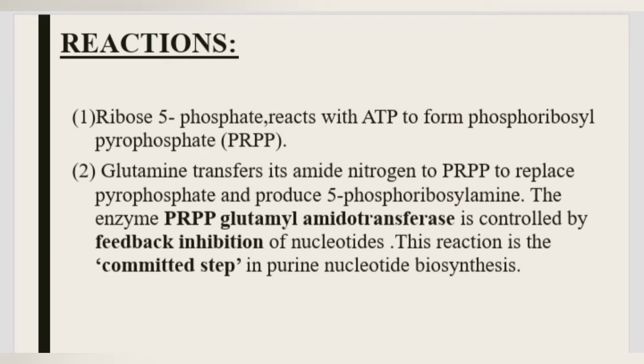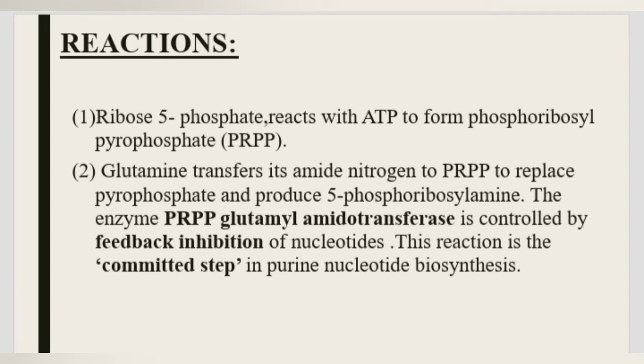The first step is that ribose 5-phosphate reacts with ATP, resulting in the formation of PRPP, which is phosphoribosyl pyrophosphate. The second step is that glutamine transfers its amide nitrogen to this phosphoribosyl pyrophosphate, replacing the pyrophosphate and producing 5-phosphoribosylamine.